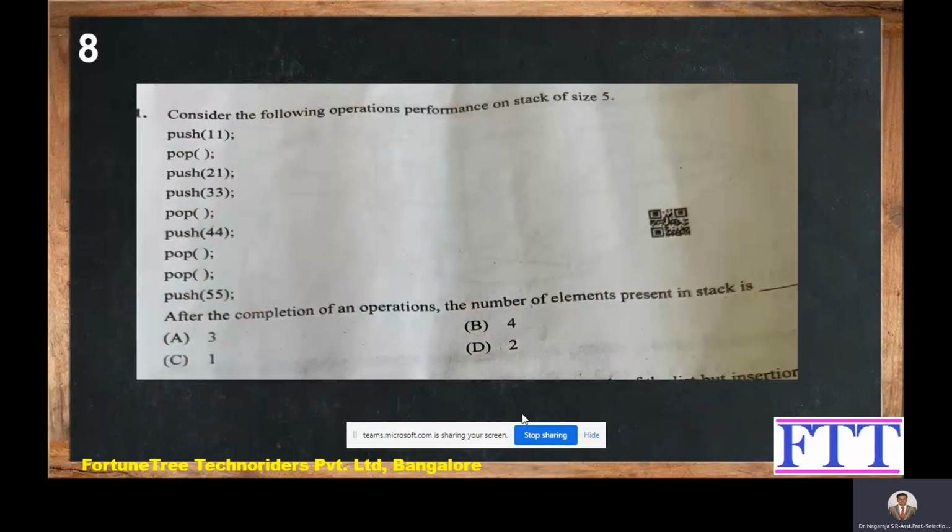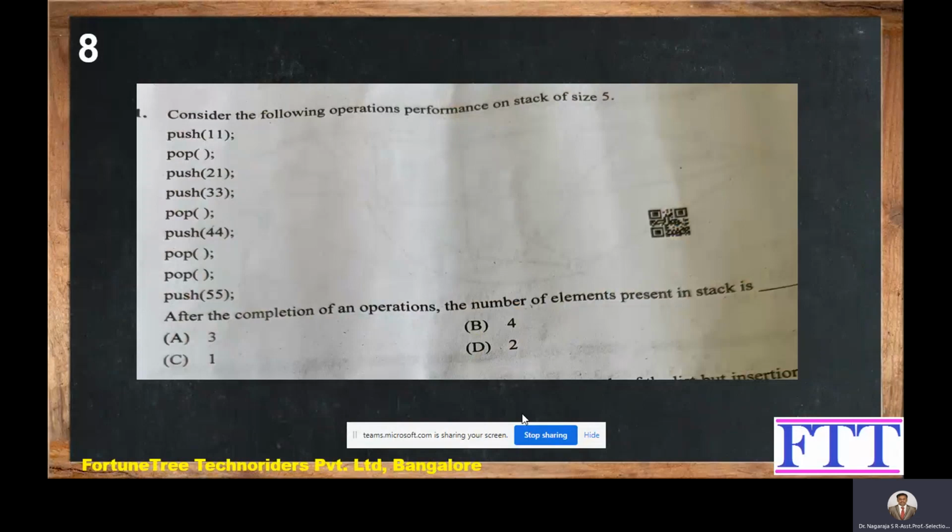Eighth one. Consider the following operations performed on a stack of size 5. A stack is nothing but a last in first out mechanism, so it works in LIFO fashion. After completion of these push and pop operations, we need the number of elements present in the stack.